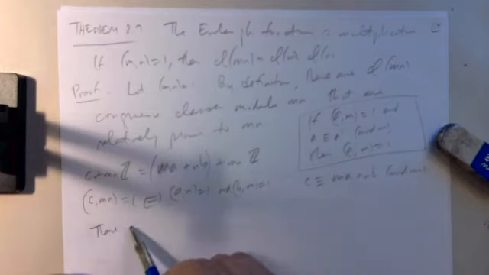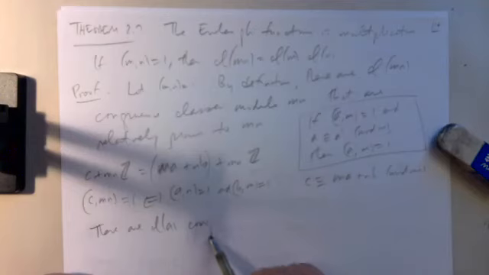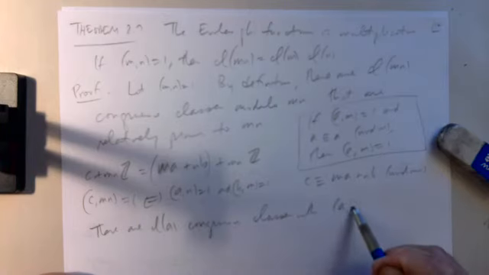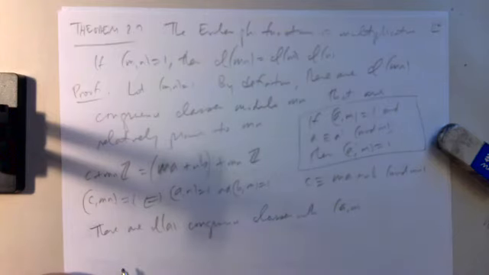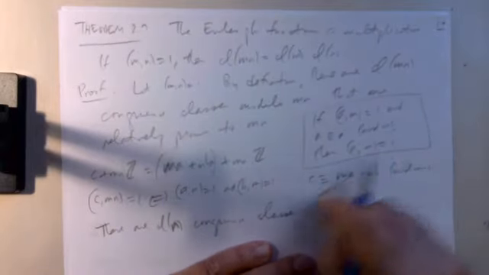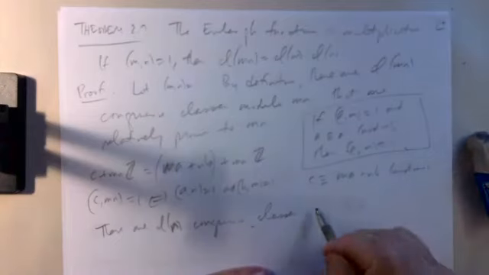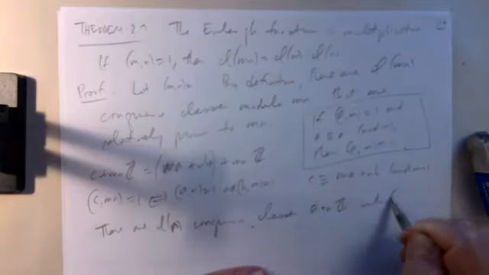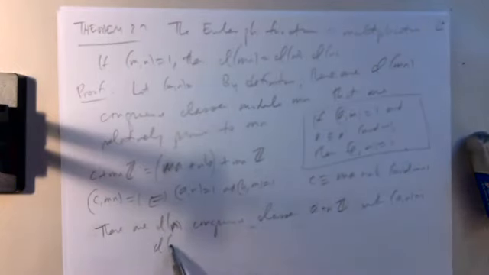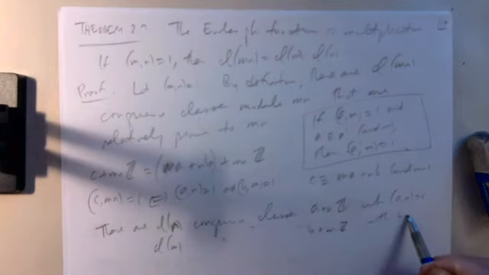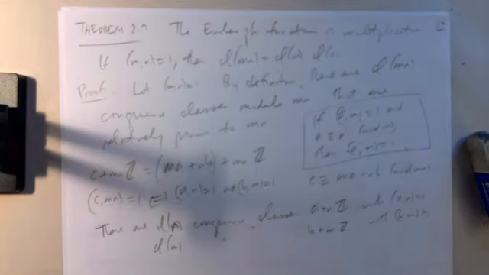So there are phi of N congruence classes A plus NZ with A and N relatively prime, and phi of M congruence classes B plus MZ with B and M relatively prime.